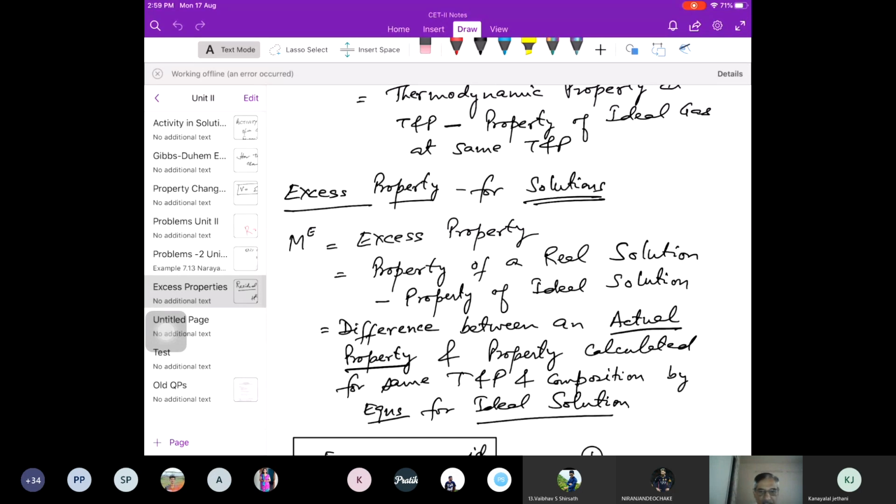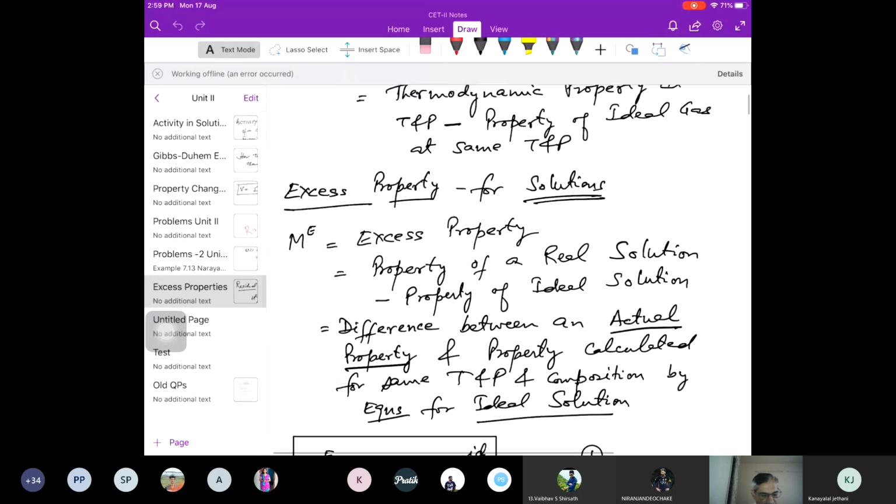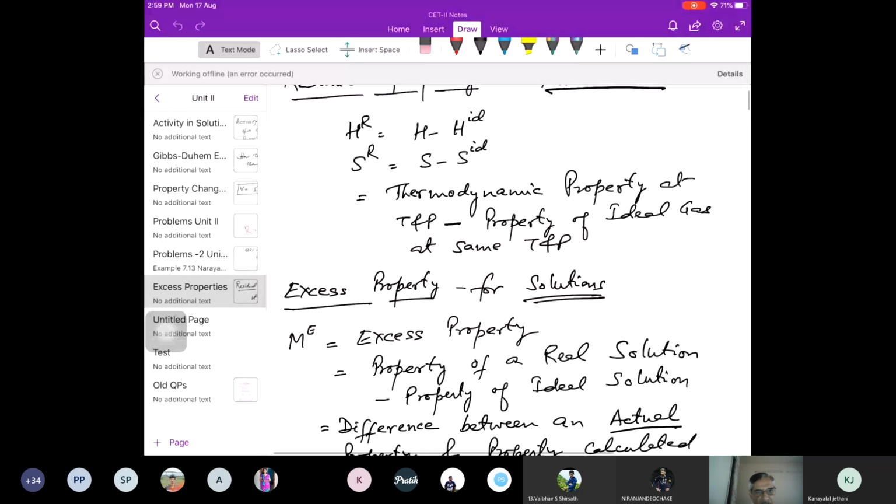And this is nothing but the difference between actual property of a real solution and property calculated for the same temperature and pressure and composition, because it is a solution now, by equations of ideal solution. So difference between real minus ideal. So M superscript E is nothing but M minus M ideal, similar to HR for pure fluids, S minus S ideal or H minus H ideal.